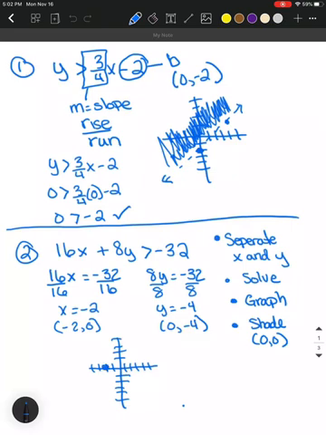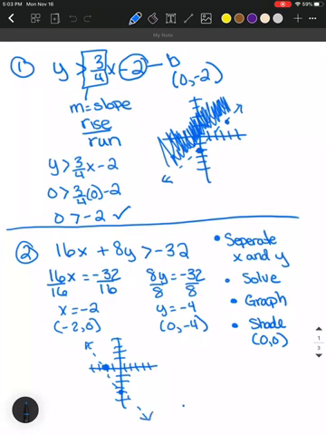My second point is at 0, negative 4, about right here. Again, I'm going to look at my inequality symbol to determine if I have a solid line or a dashed line. Because it's just greater than, that gives me another dashed line right through those 2 points.